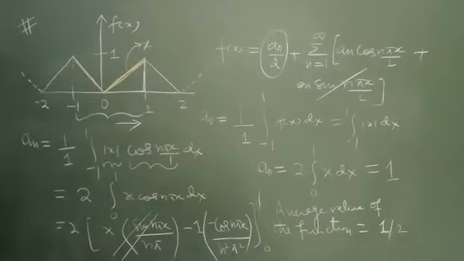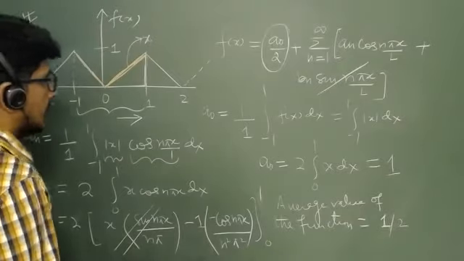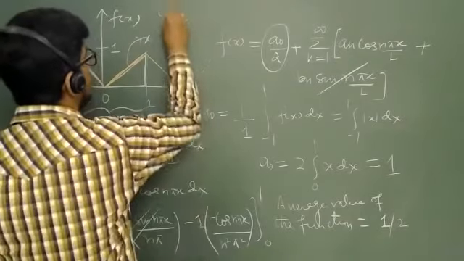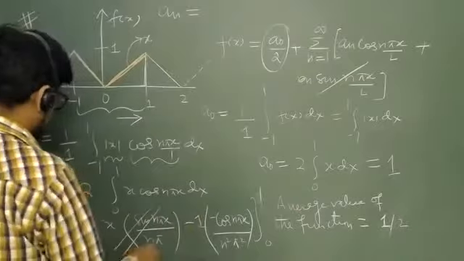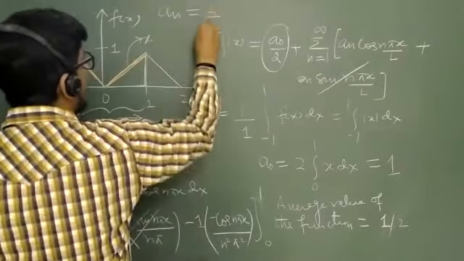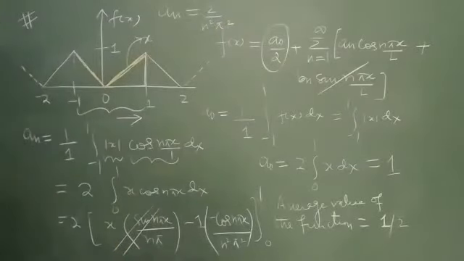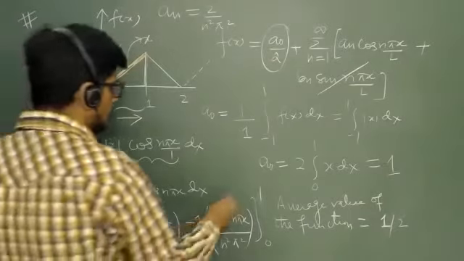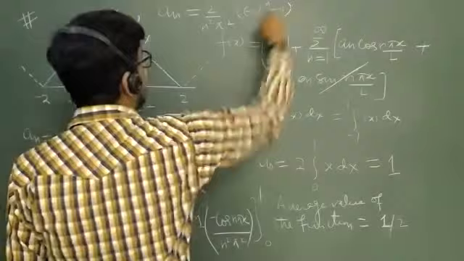Yes, this term will not survive. So what will be the value of an that we are going to get? This is minus minus plus, so it will be 2 by n squared pi squared, and when you put the limits, it will become minus 1 to the power n minus 1.